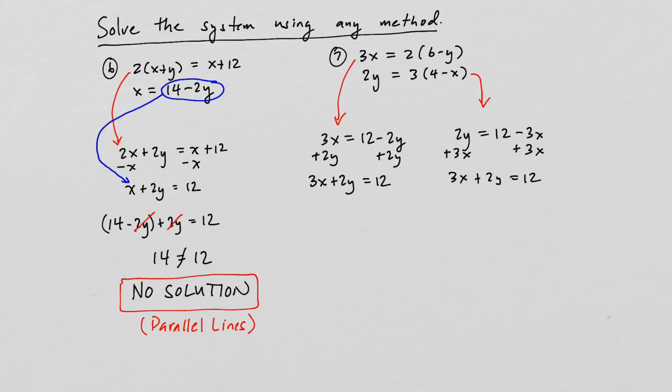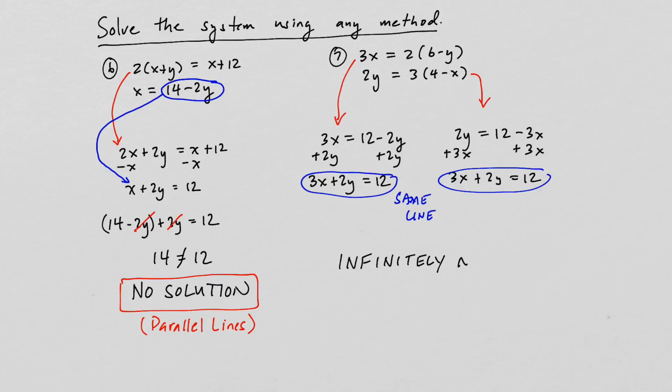And what you should notice as a system is that these two equations are exactly the same. That means that if you graph these, you have the same line. And what that means is that this system has infinitely many solutions.